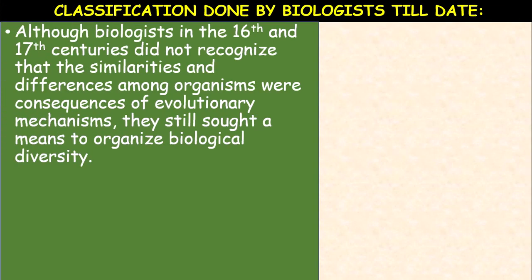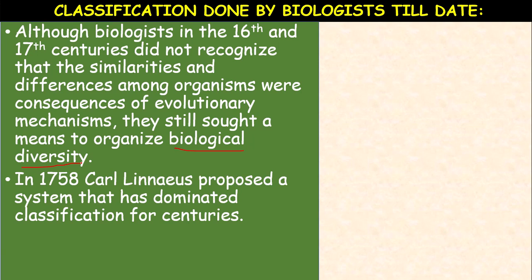Although the biologists in the 16th and 17th centuries did not recognize that the similarities and differences among organisms were consequences of evolutionary mechanisms, they still sought a means to organize biological diversity.